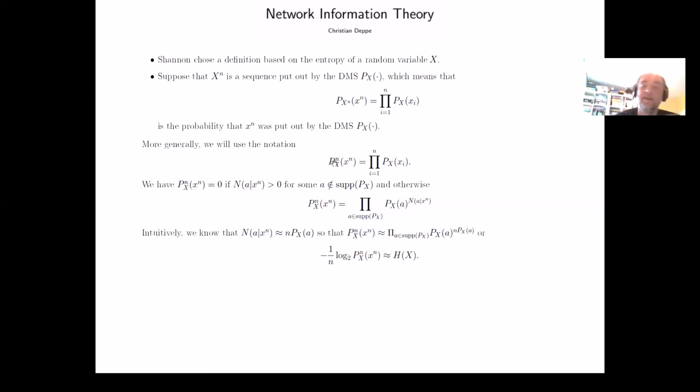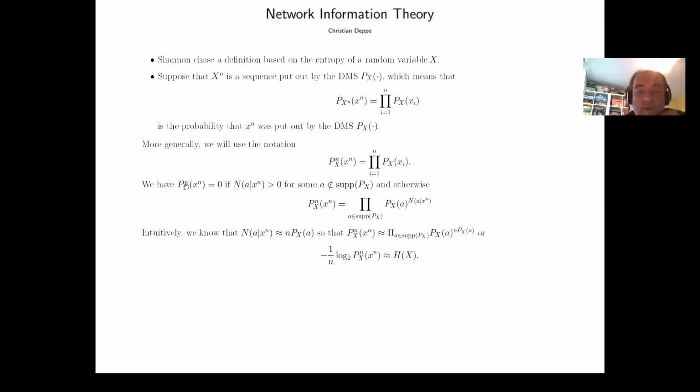Now let's look at the case where the probability of a sequence is 0. This appears if we have a symbol a with probability 0, that means it's not in the support of p_X, which appears in the sequence.